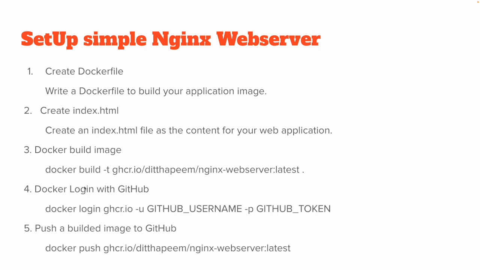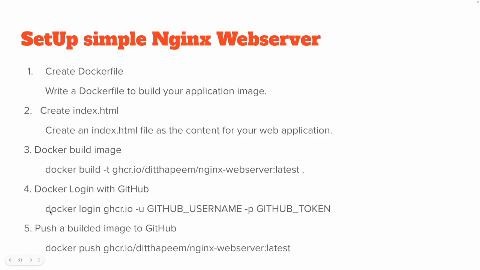When you want to use the GitHub registry, you have to log in using the command: docker login ghcr.io -u and your GitHub username, -p and use your token. Then to push your image, you just push it.